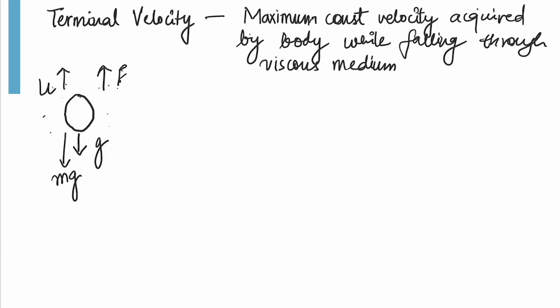So let's balance out these forces. This mg will be balanced by the upthrust plus the viscous drag. Let's say the density of the water drop is rho, and the density of the viscous air is sigma.